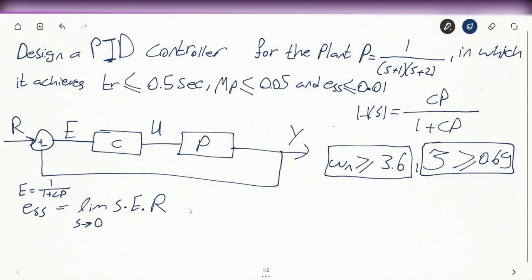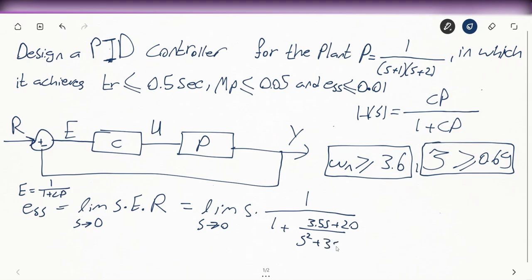Benefiting from this equation, this can be written as the limit as S approaches zero of S times 1 over 1 plus, we had the PD controller as 3.5, I guess, times S plus 20, divided by S squared plus 3S plus 2.